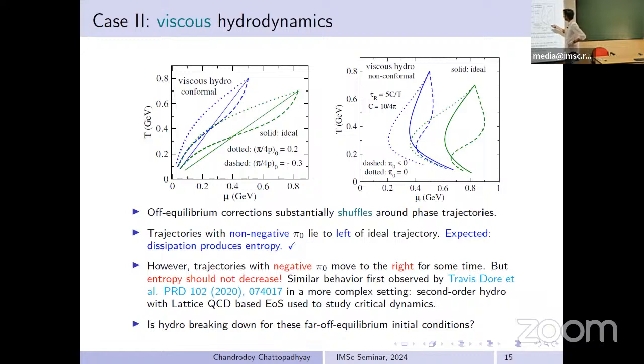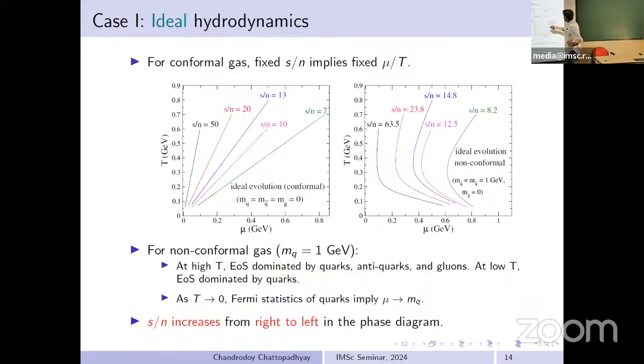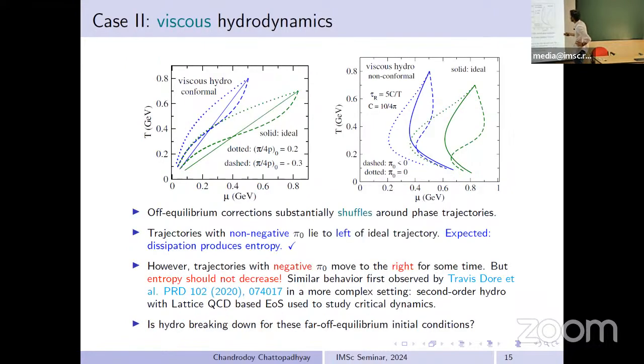These lines are lines of constant entropy per baryon, so they are increasing from right to left. And here it seems to go in the other direction, although I have put dissipation in the system.